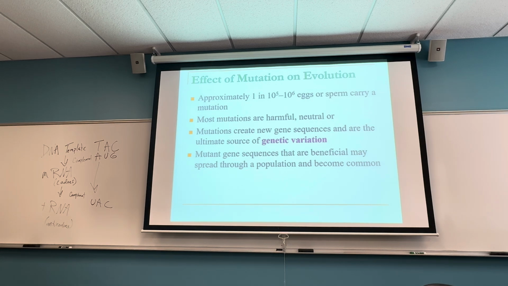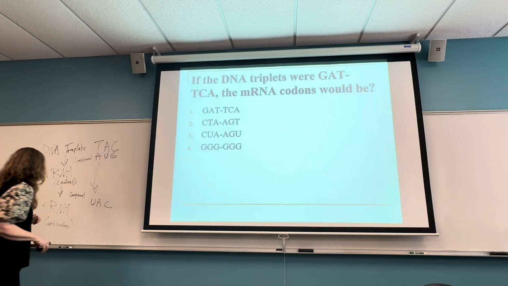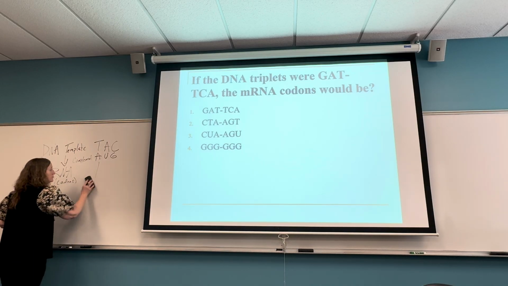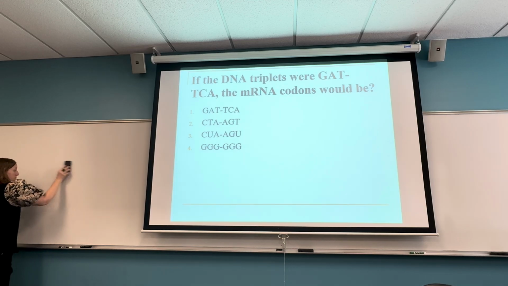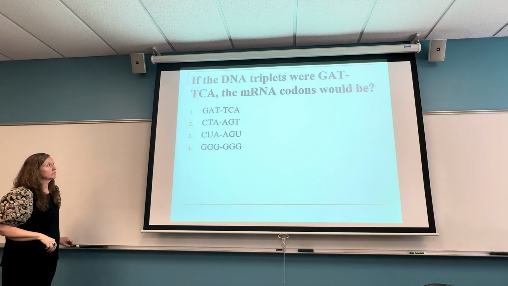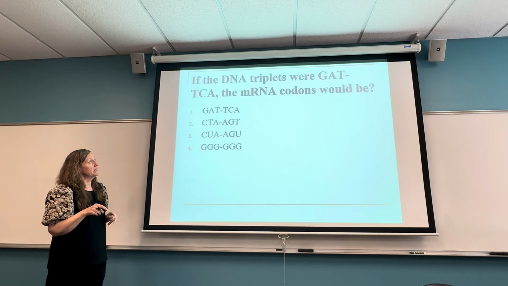So last thing, we're going to do a few practice problems. All right, so if the DNA triplets were GAT-TAC, what would the mRNA codons be? So we have GAT. What would be complementary to that?